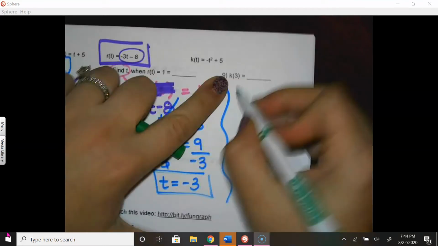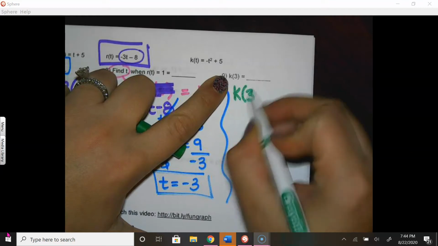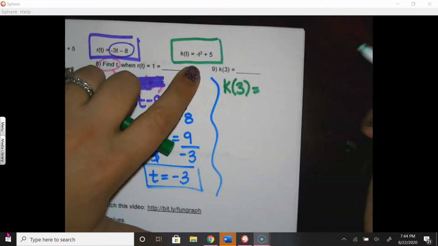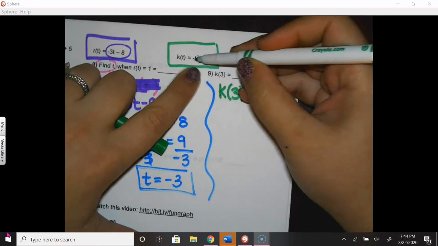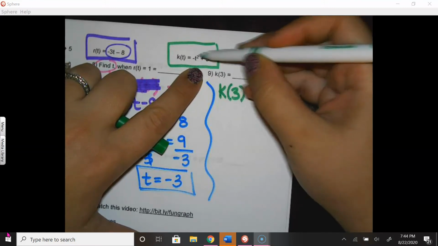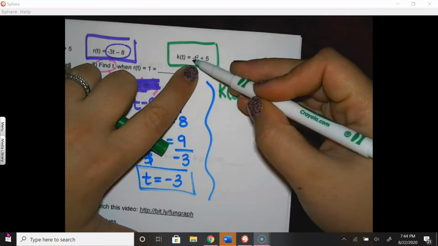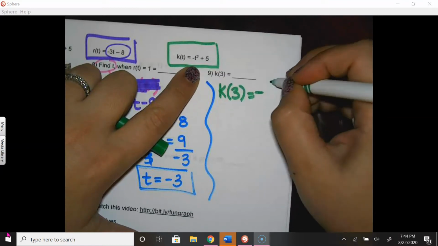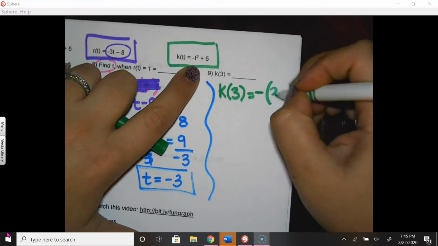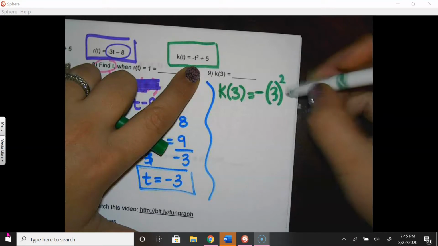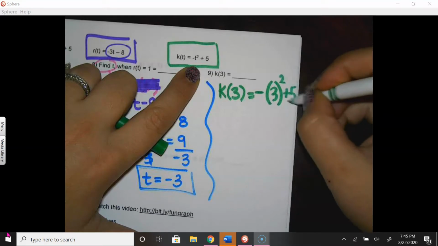Okay, now it says to find k of 3. So now we're using this function here. And this says the opposite of t squared plus 5. So the negative was already there. Then we're plugging in 3, and notice I'm using parentheses because it has a squared here, and then plus 5.